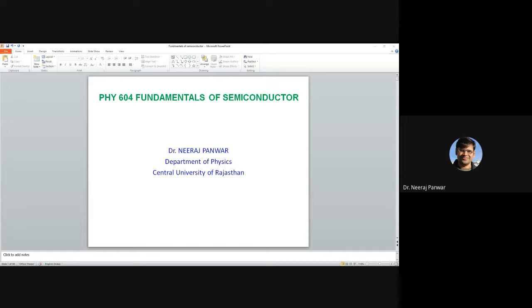Not only that, semiconductors are the materials which are in every device nowadays. You name any device and it will have a chip, integrated circuits, and on that integrated circuits we have so many transistors which are made of semiconductors.